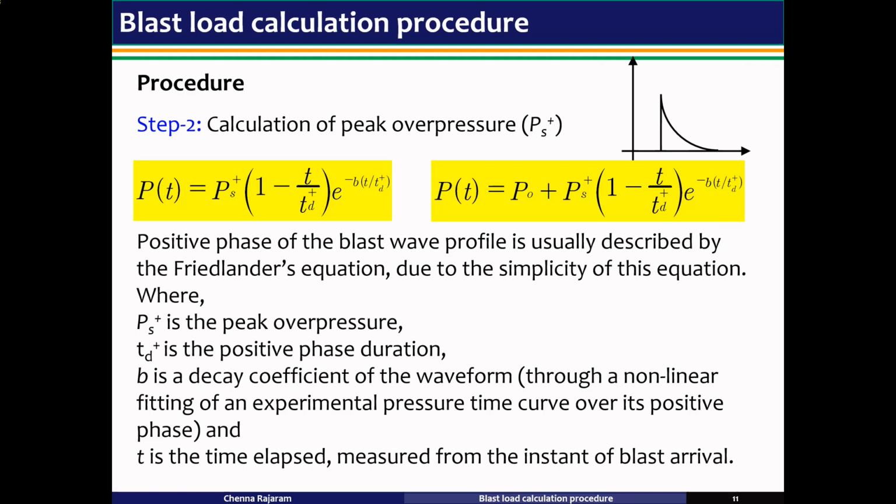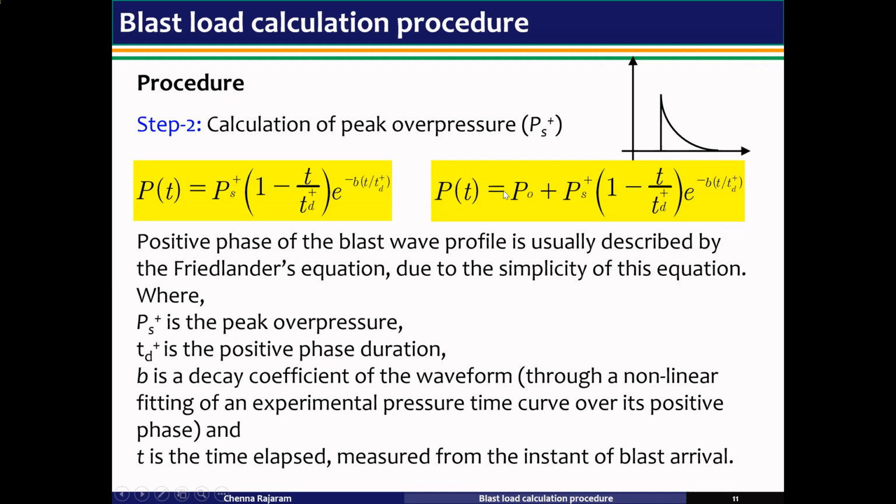Here the equation is represented: P of t is equal to Ps plus multiplied with 1 minus t divided by Td plus, multiplied with e to the power of minus b times t divided by Td plus, where Ps plus is the peak overpressure and Td plus is the positive phase duration, b is a decay coefficient of the waveform through nonlinear fitting of the experimental pressure time curve over its positive phase, and t is the time elapsed measured from the instant of the blast arrival.